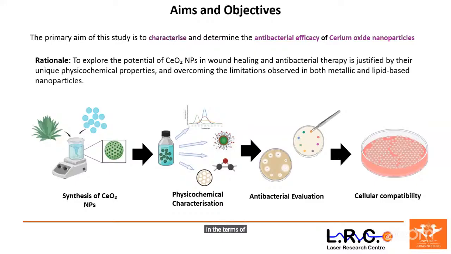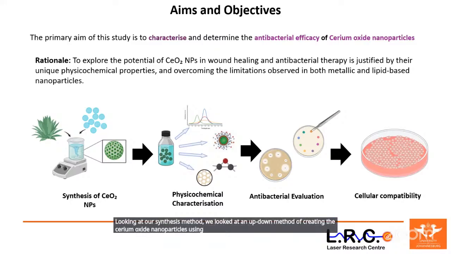Looking at our synthesis method, we used a bottom-up method of creating the cerium oxide nanoparticles using a plant extract, mostly leaves from a plant which I cannot disclose at the moment due to ongoing investigation.